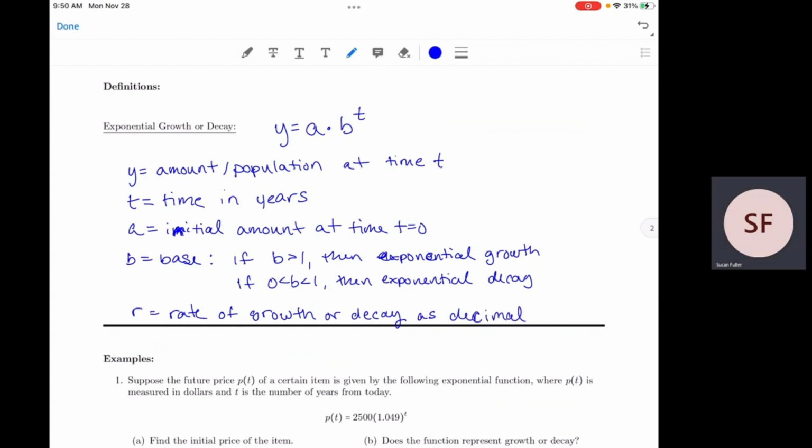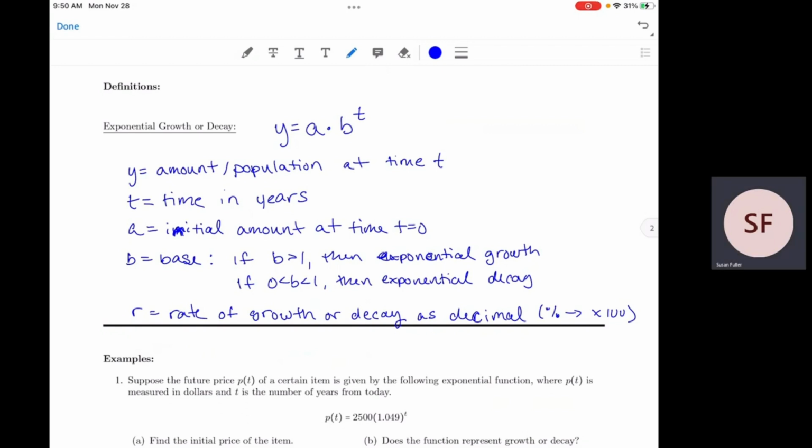And we're going to write that as a decimal. It's a percentage, and you might have to transfer it into a percentage, but R itself will be a decimal. So if you need to turn it into a percentage, then just make sure that you multiply by 100.